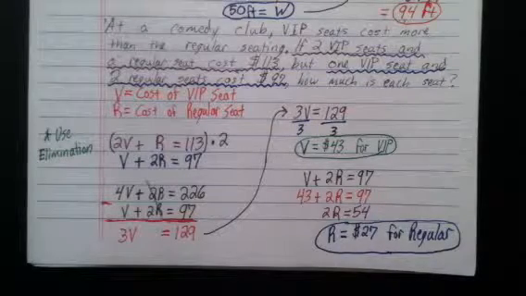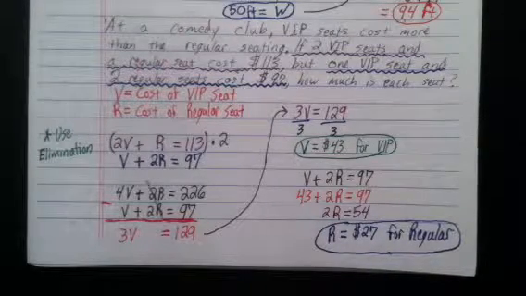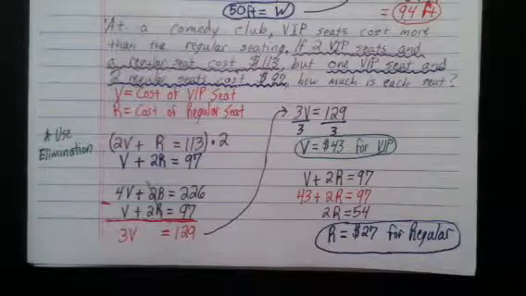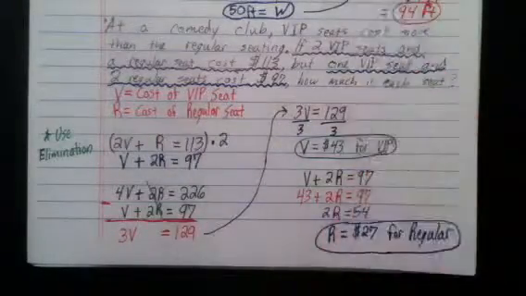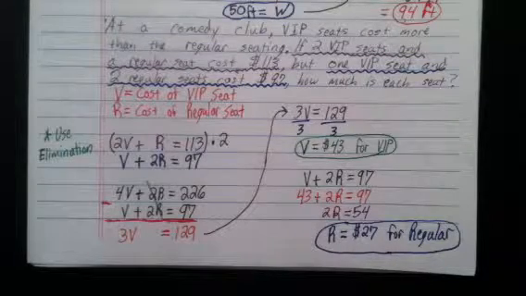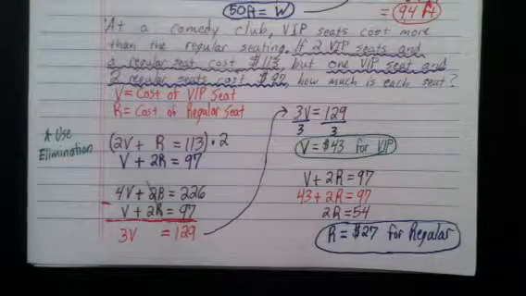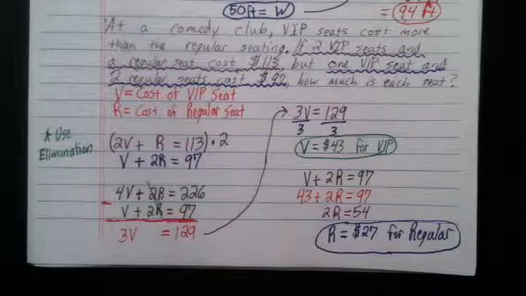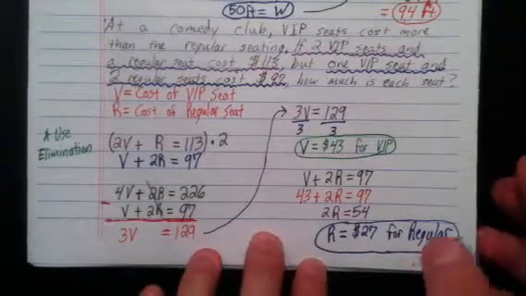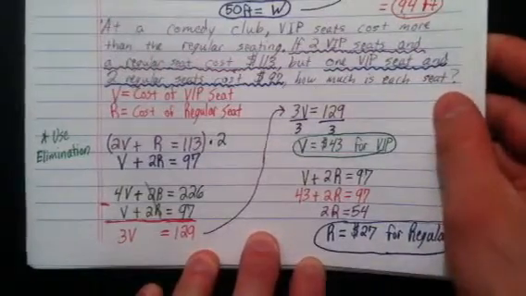We could do some of these problems by graphing them, using x and y as our variables rather than something like V and R or P and L in the top situation. But I think it's probably easier to do these algebraically, by hand, rather than graph them. All right, we can flip to the next page and look at those examples.